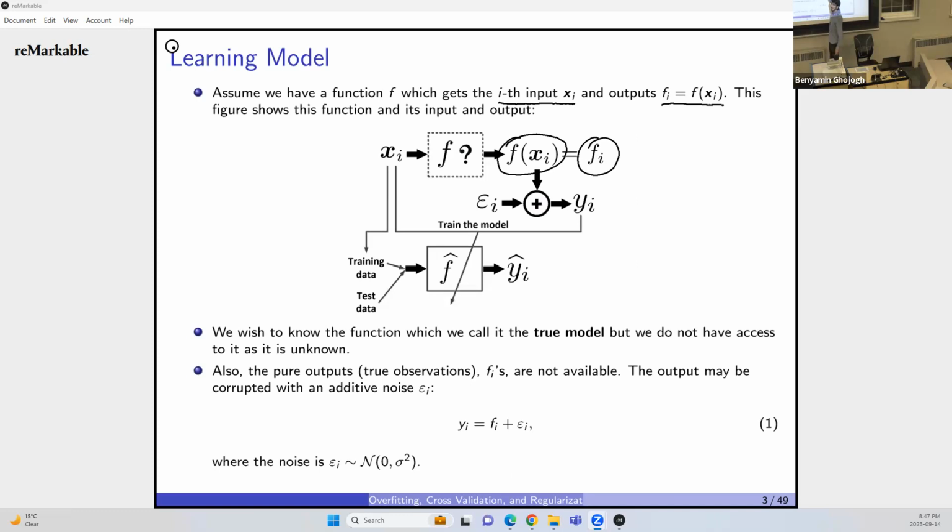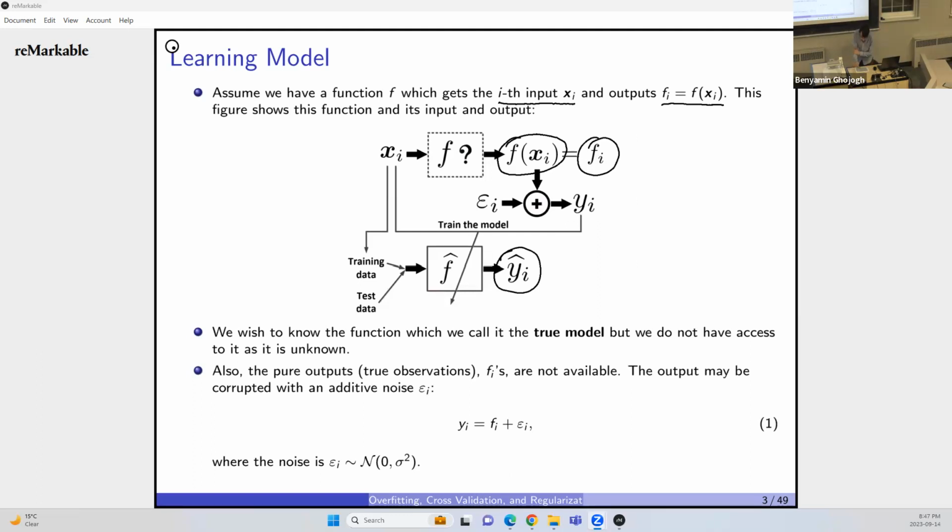We have a true learning function. You never have it. You hope to imitate it somehow. So you have a true model, and you have f hat, which tries to imitate that. You feed training data to f hat, and you get yi hat, the output corresponding to an xi.